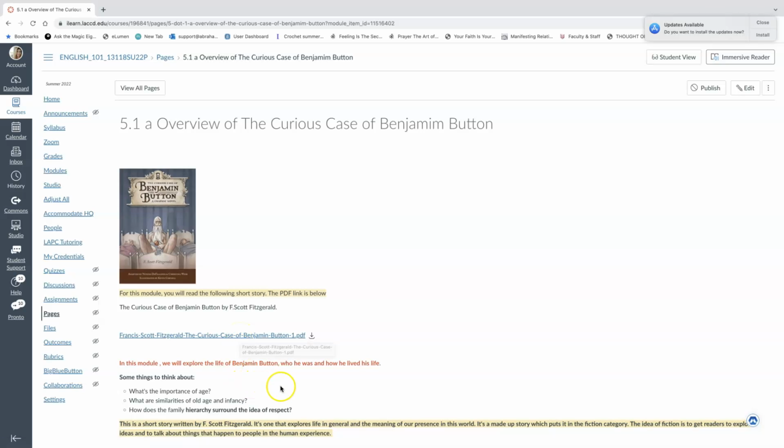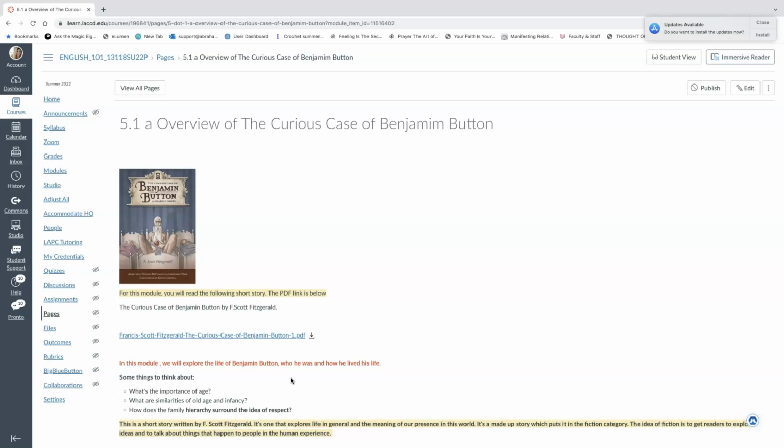So some of the things that I want you guys to think about in this short story is, what is the importance of age? What are the similarities of old age and infancy? And how does the family hierarchy surround the idea of respect? So usually we respect our father because our father looks older.